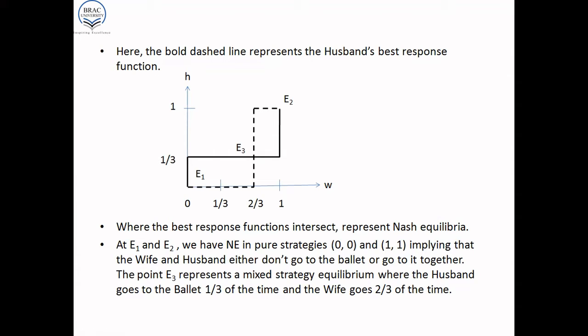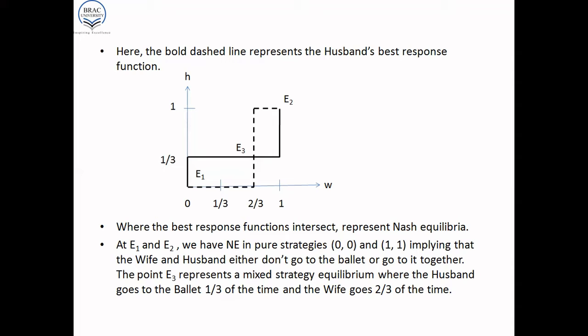Now, where the two best response functions intersect give us the Nash equilibria E1 and E2. Where H and W are both 0 is a Nash equilibrium.